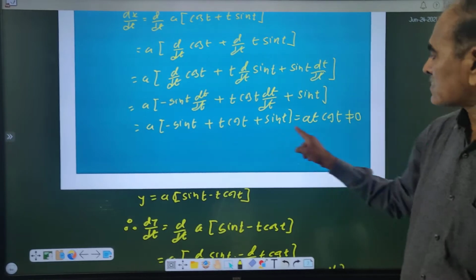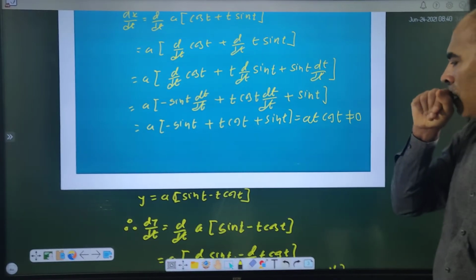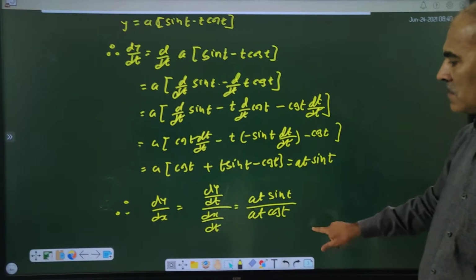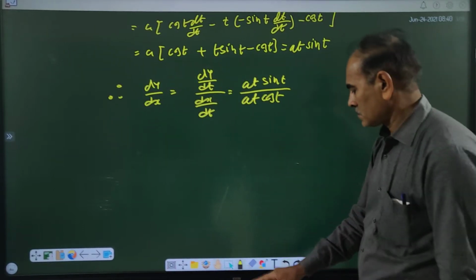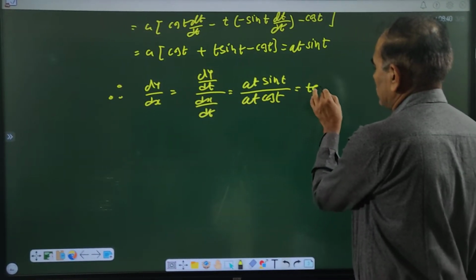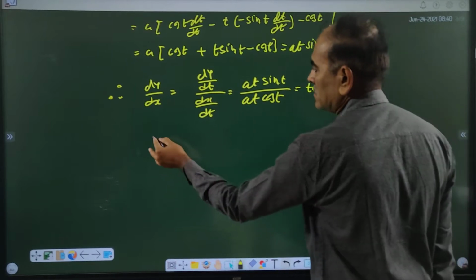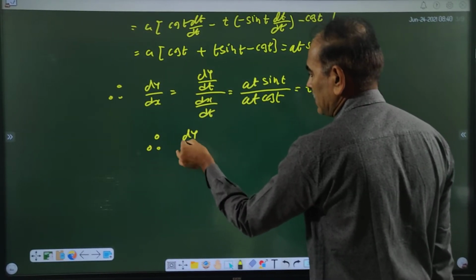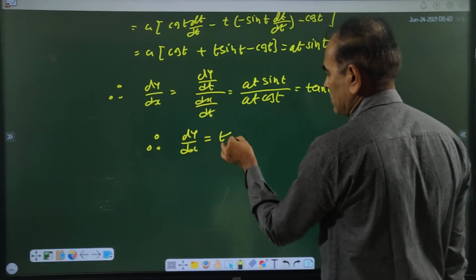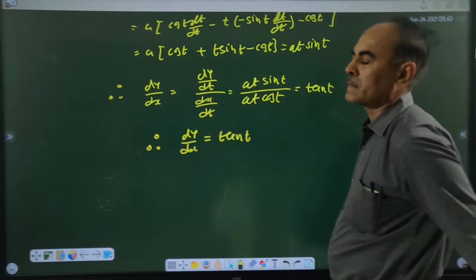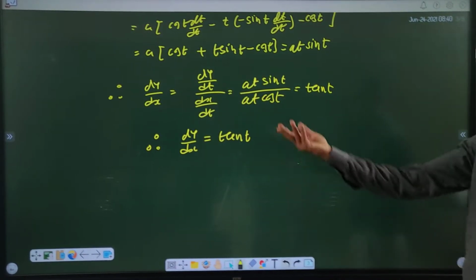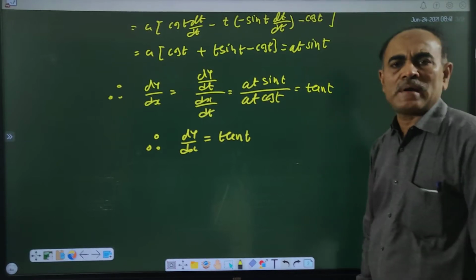Yes, dx by dt is a t cos t. So what we get? That is equal to tan t. a t cancels. So dy by dx is equal to tan t. Up to this stage we know from the derivative of parametric form.